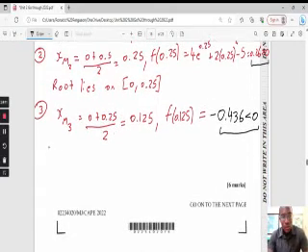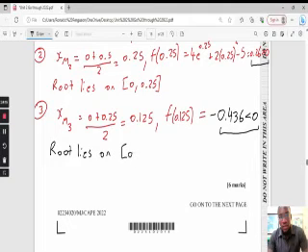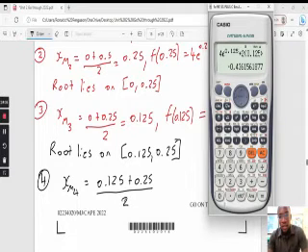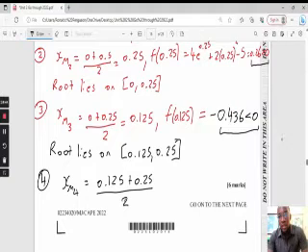In that case, we're going to tell them the root lies on 0.125, 0.25. But they say use 4 iterations. So this is the fourth one: xm4 equals 0.125 plus 0.25 divided by 2, which is equal to 0.1875.